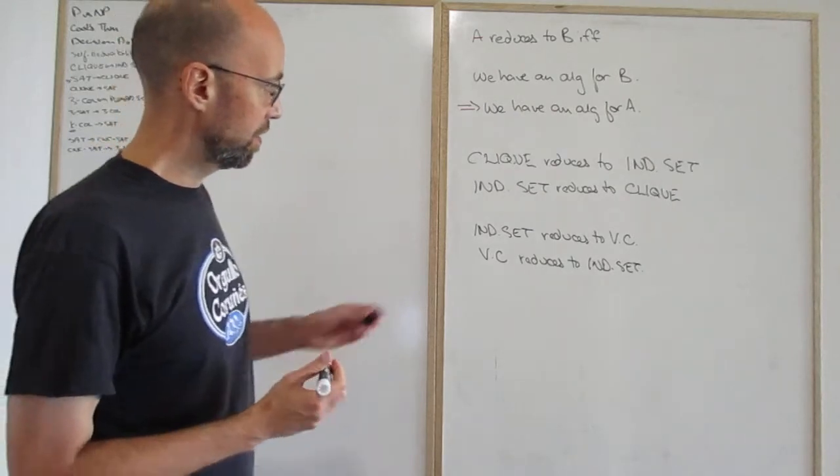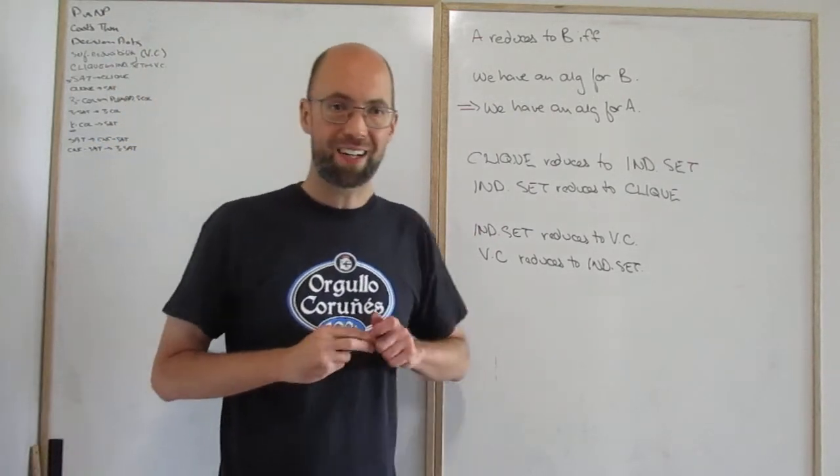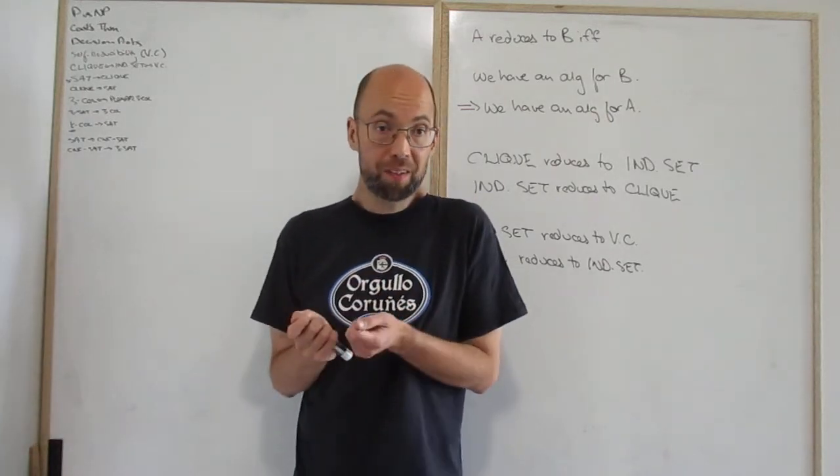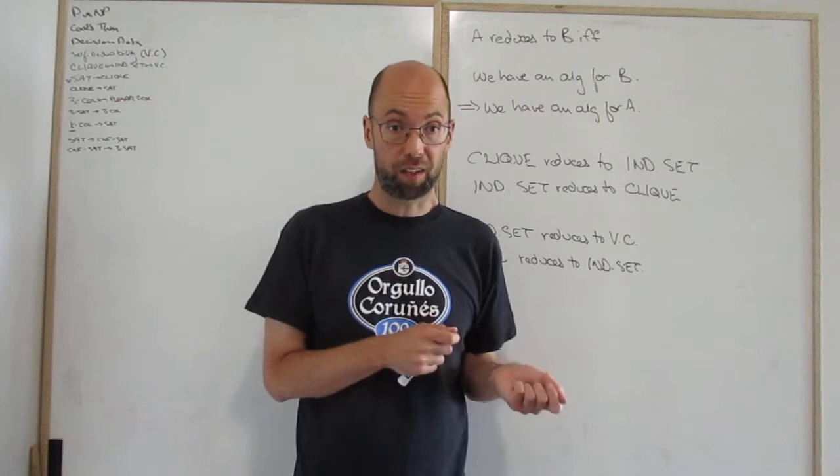So this is also pretty easy, not quite as easy, but the key is the complement of an independent set is a vertex cover.